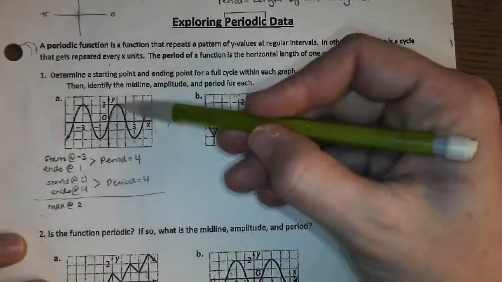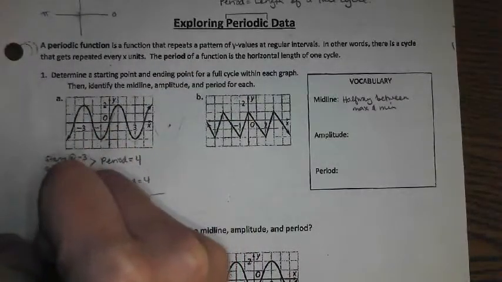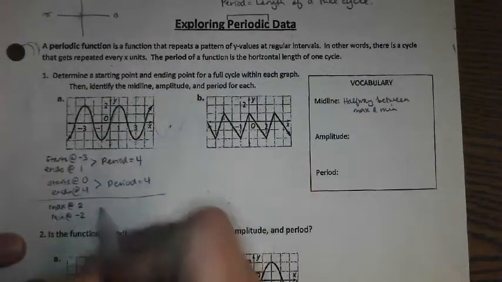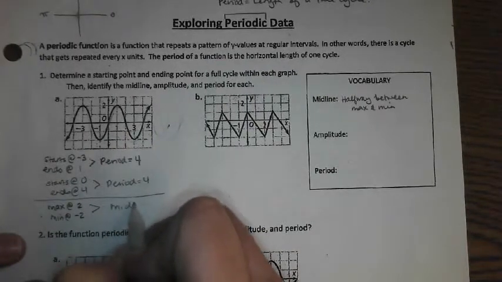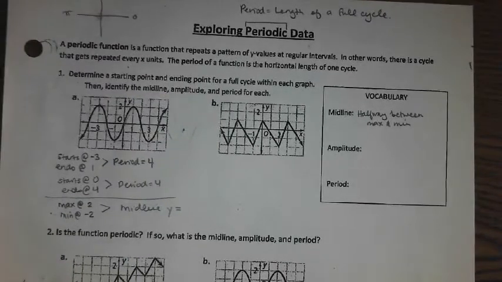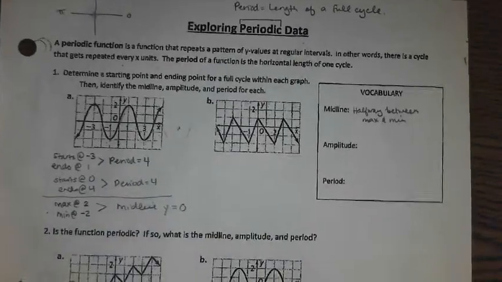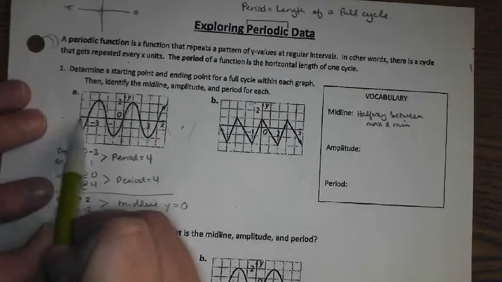Now max and mins, you look at the y coordinate. So the max is at 2. The minimum is at -2. So my midline is, it's a line, so it has to be y equals. What's halfway between 2 and -2? 0. That's your midline, right here.